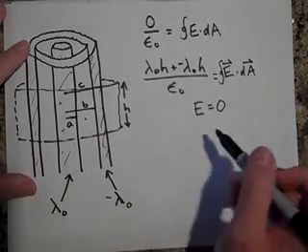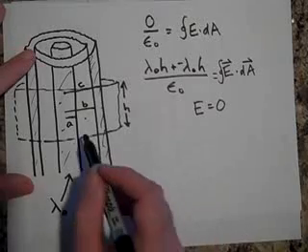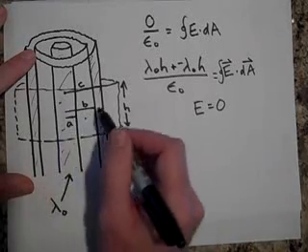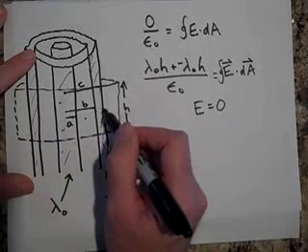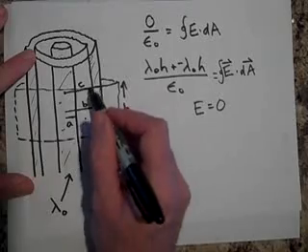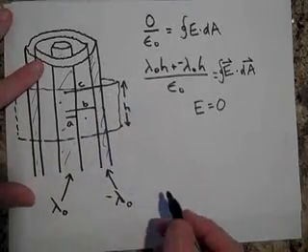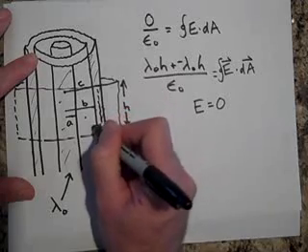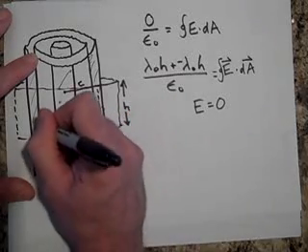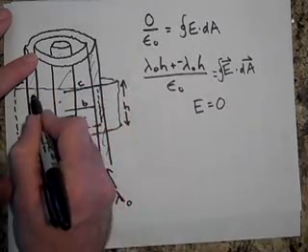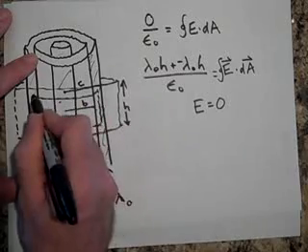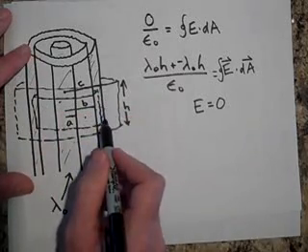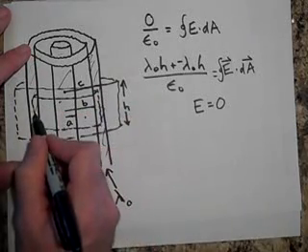Okay, so let me just show you then what we can expect for the inner radius and the lambda for the inside and the lambda for the outside. The lambda for the inside, if I put a Gaussian surface here, there can't be any flux through this Gaussian surface because there's no field in the metal.